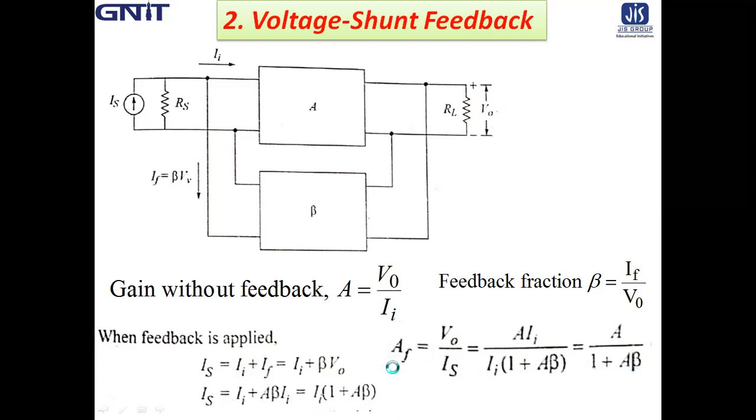So the open loop gain has a dimension of impedance, and the closed loop gain also, but the feedback fraction has a dimension of admittance. That means the amplifier gain without feedback is reduced by a factor of 1 plus A beta after the application of feedback. This is basically the same as voltage series feedback.